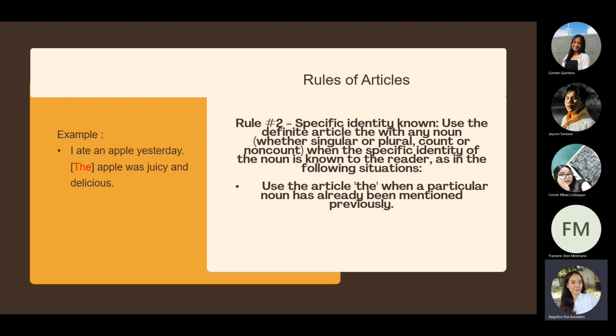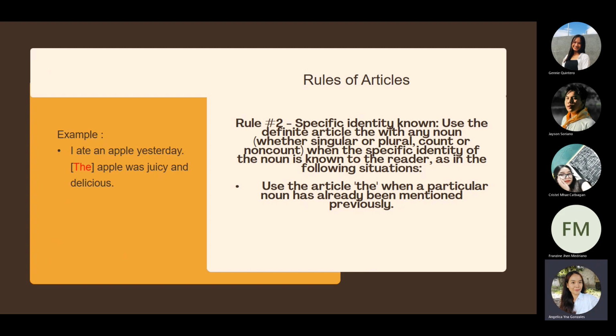Rule number 2. Specific identity is known. Use the definite article the with any noun, whether singular or plural, count or non-count, when the specific identity of the noun is known to the reader, as in the following questions. So, example here, I ate an apple.